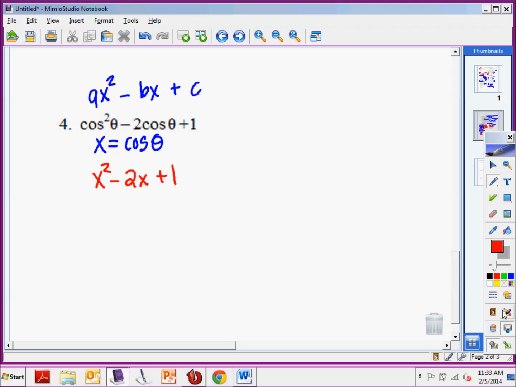Okay? If I was to do CAB, this would be my C term, this would be my A term. So CAB is C times A, and the factors of that equal your B. So what's 1 times x squared? X squared. And what is my B term? Negative 2x. All right, so what times what gives me x squared, but adds to give me a negative 2x?